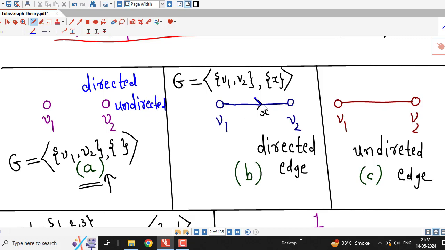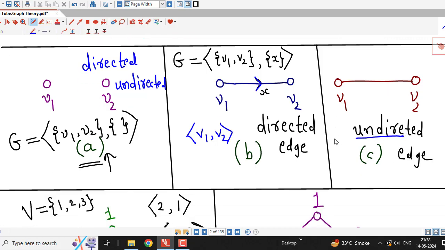Here we can see that this edge X is associated with the ordered pair V1, V2. Therefore, this graph is a directed graph. There is only one edge and it is directed. Here this edge is undirected, therefore this graph is also an undirected graph.